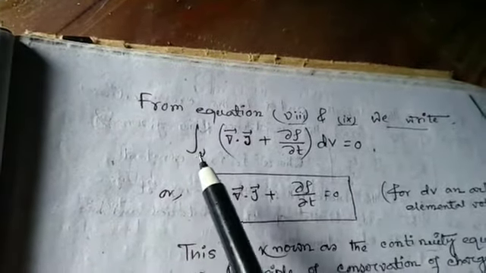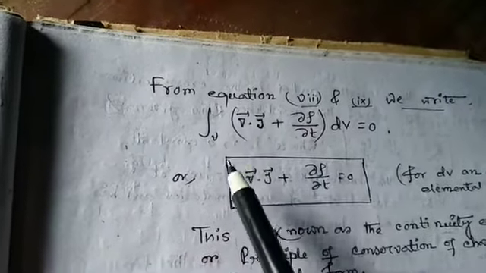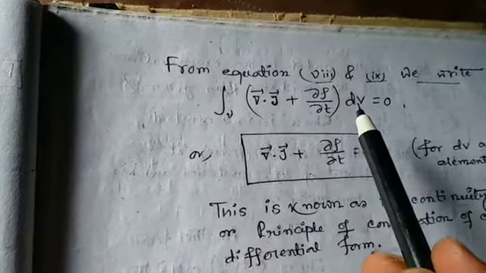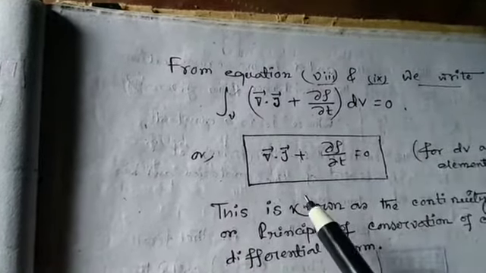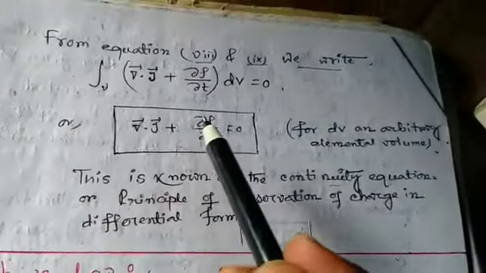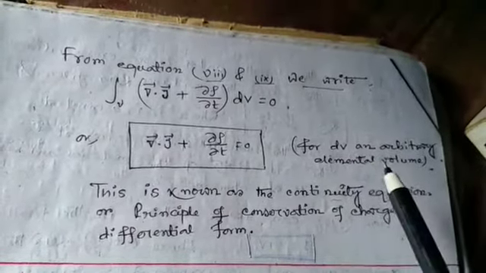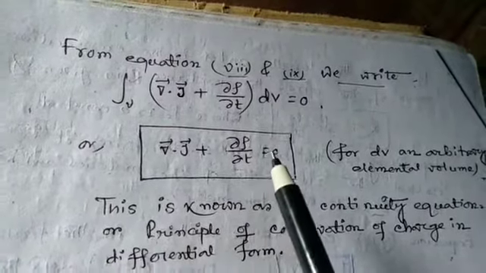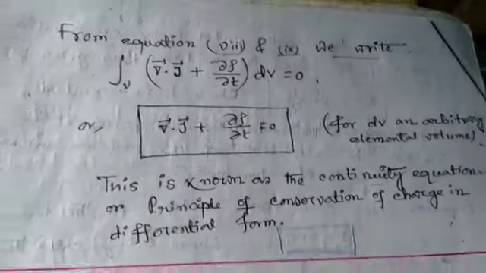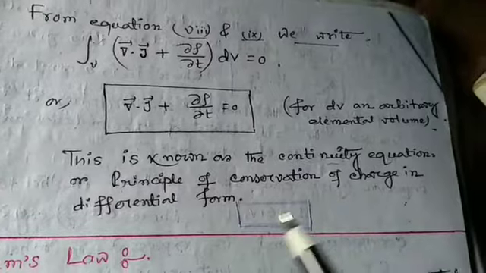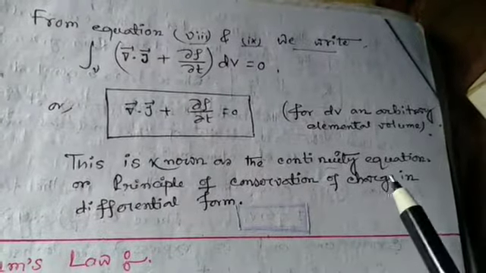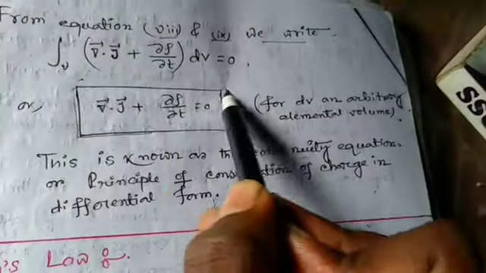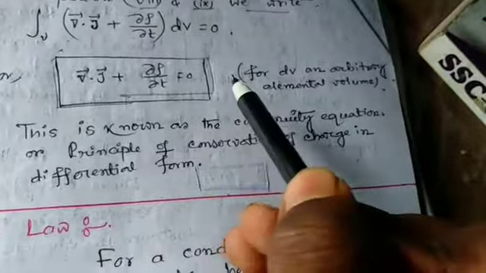Then the volume integral of (divergence J plus del rho by del t) dV equals 0. So for an elemental volume dV, divergence J plus del rho by del t equals 0. This is known as the continuity equation or principle of conservation of charge in differential form. Remember it: divergence J plus del rho by del t equals 0.